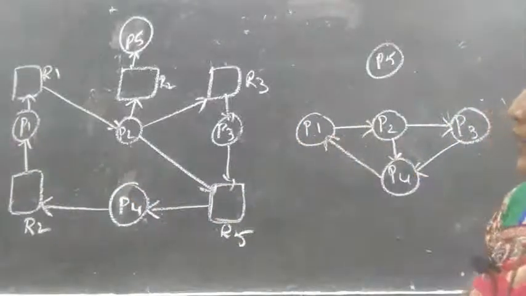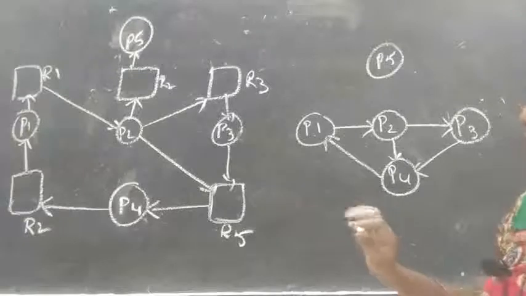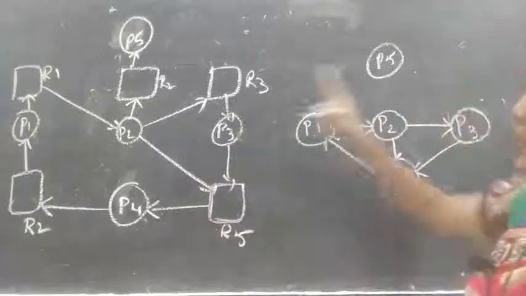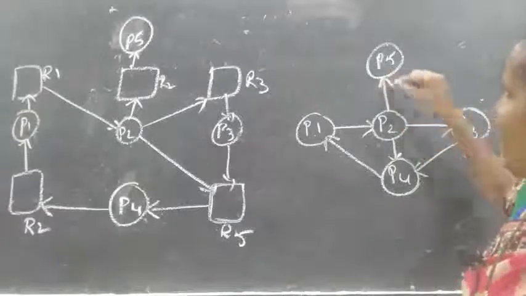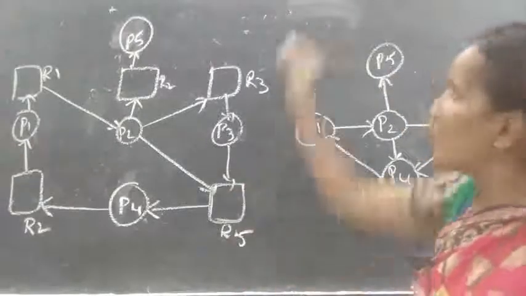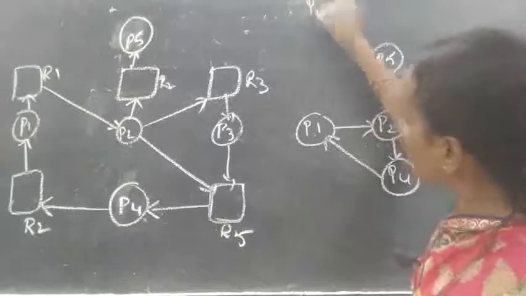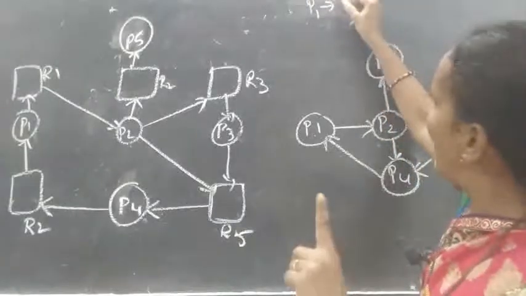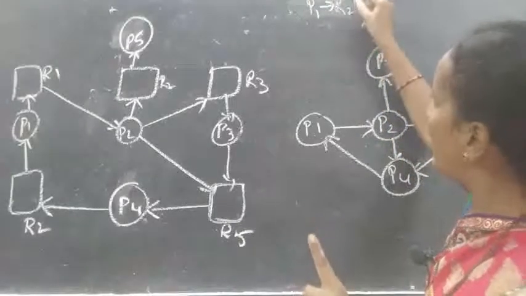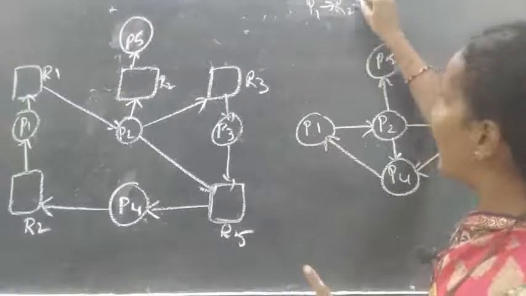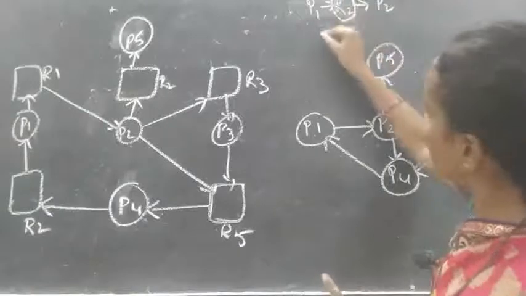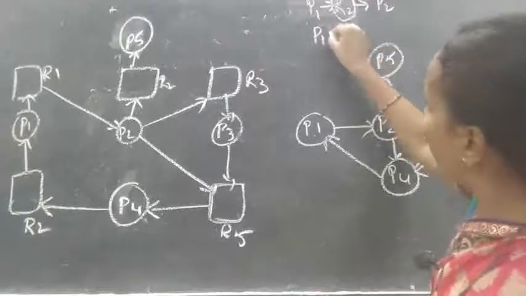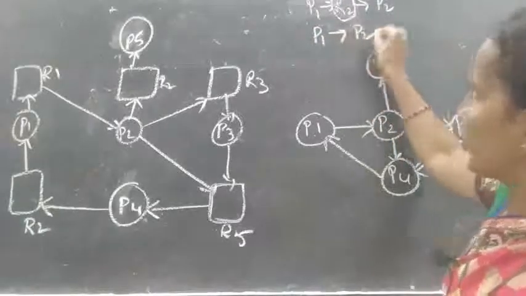Understood? And P2 is requesting for R2 and R2 is with P5. Direct edge you can give. Understood? So, if P1 is holding R2 and P1 is requesting for R2 and R2 is with P2, you can remove this resource and give a direct edge from P1 to P2.